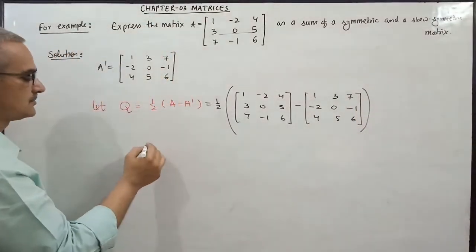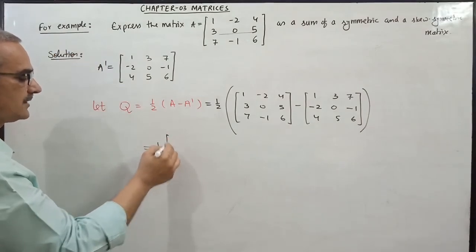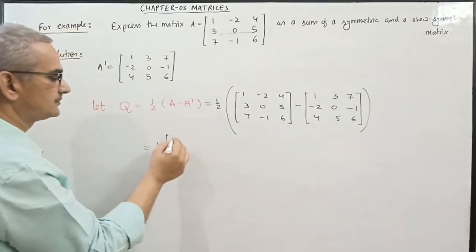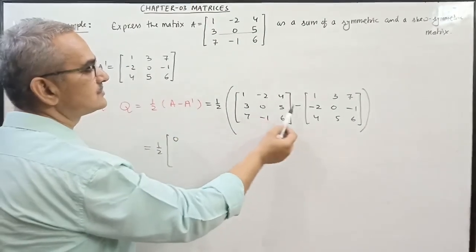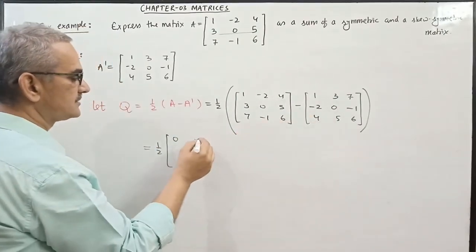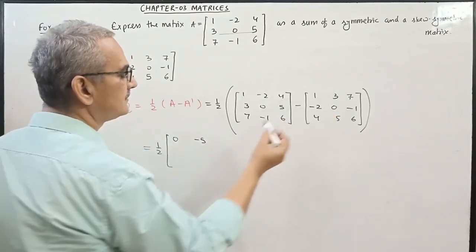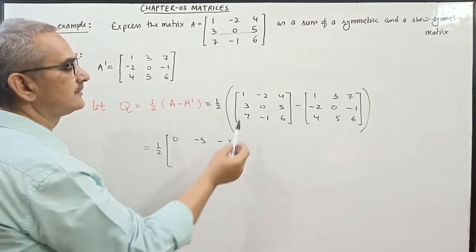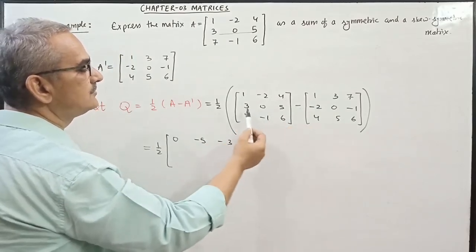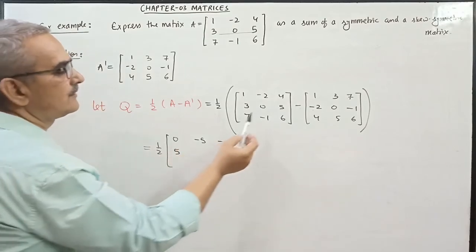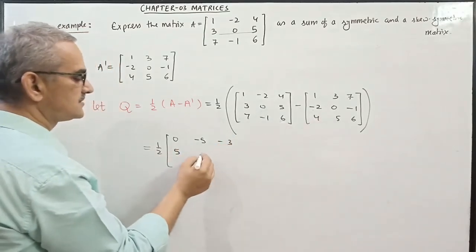Okay. So now what we have to do? We have to subtract their corresponding elements. So 1 minus 1 is 0. Minus 2 minus 3 is minus 5. And then we have 4 minus 7 is minus 3. And take the second row of both. 3 minus of minus 2 will become plus 5. 0 minus 0 is 0.